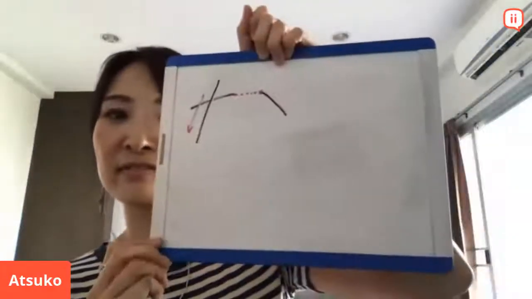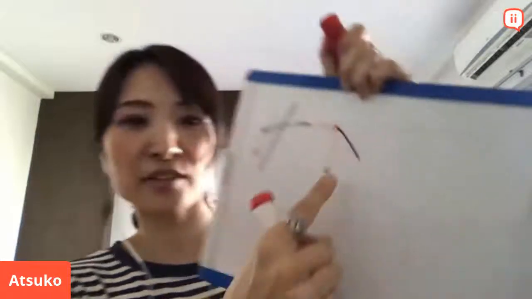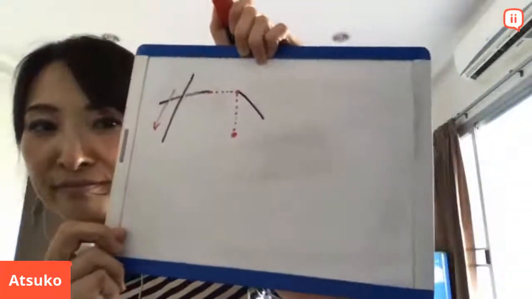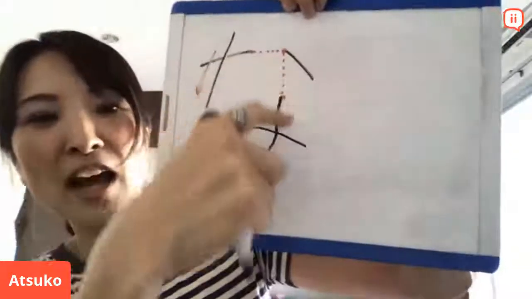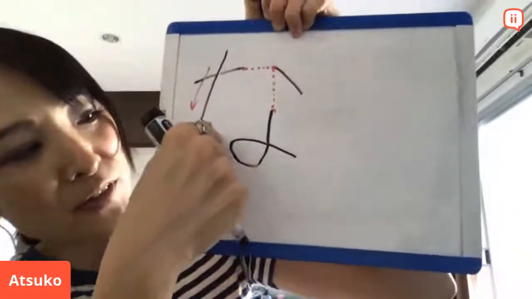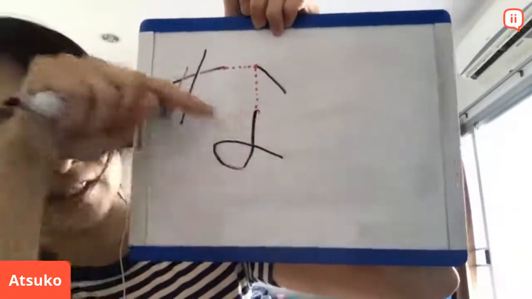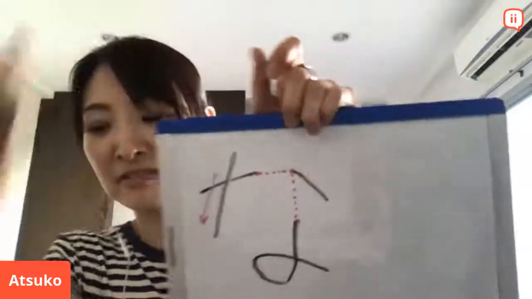Go down. Okay. And last stroke starts from here. Go straight down, go up, curve, root, and go down, down.